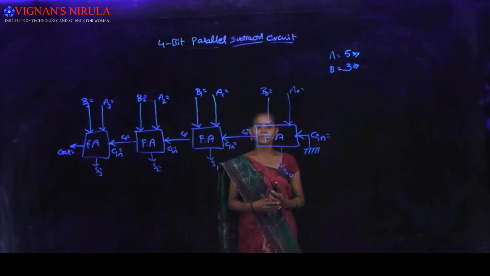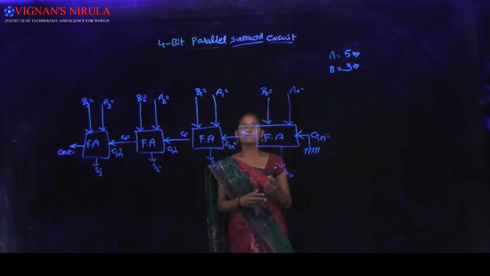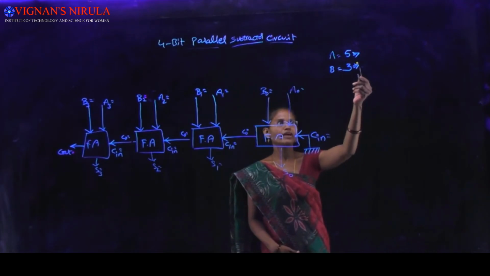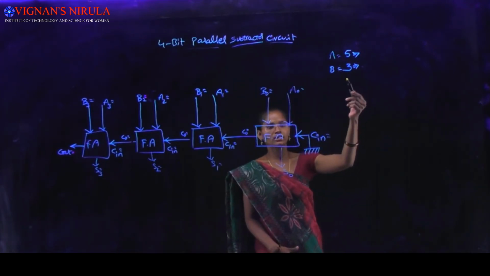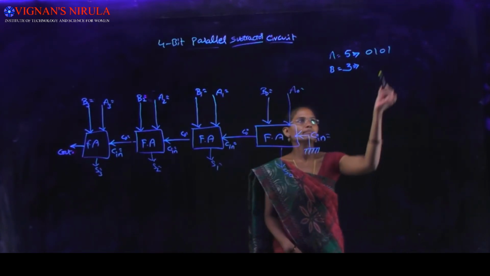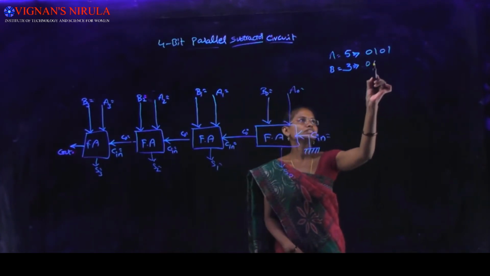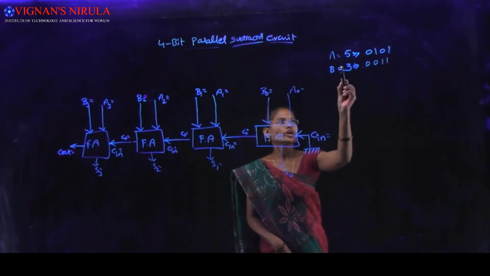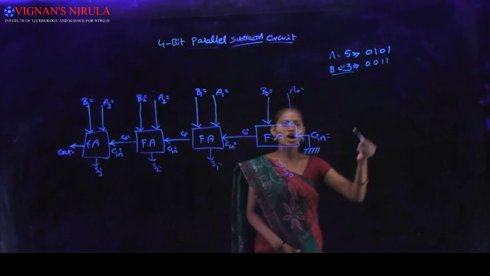Next coming to the topic is the 4-bit parallel subtractor circuit. Here I am taking the A value is 5 and B value is 3. Then convert: 5 in binary is 0101 and 3 is 0011. Here we are performing the subtraction operation.